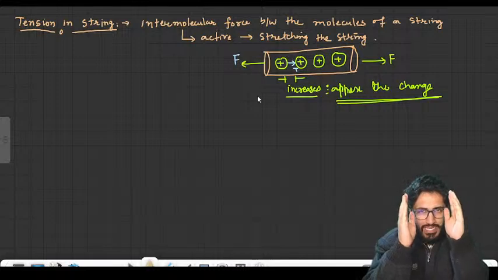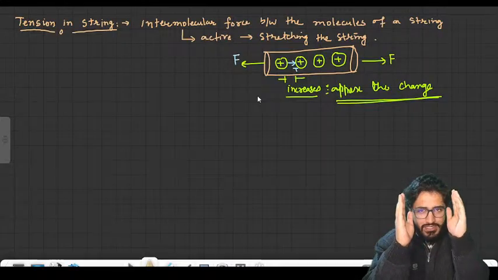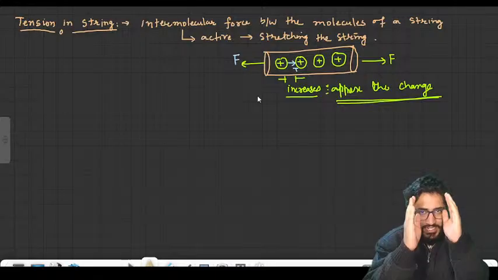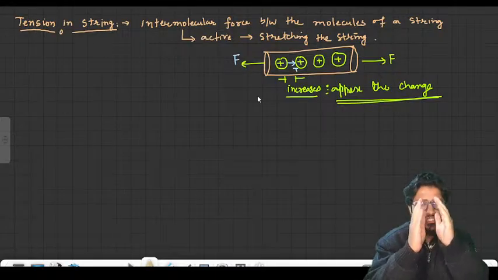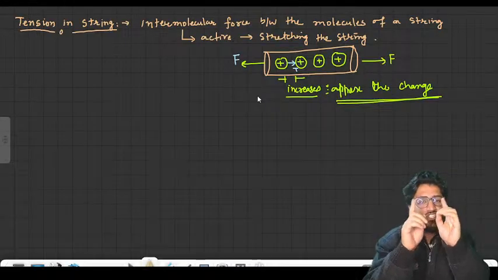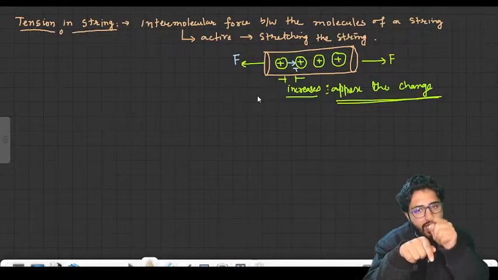So we stretch like this, but they want to go like this. So this particular force is an intermolecular force. This force is known as tension, and tension is always opposite to the cause of it. So if the cause is this force, tension will be opposite to that particular cause.